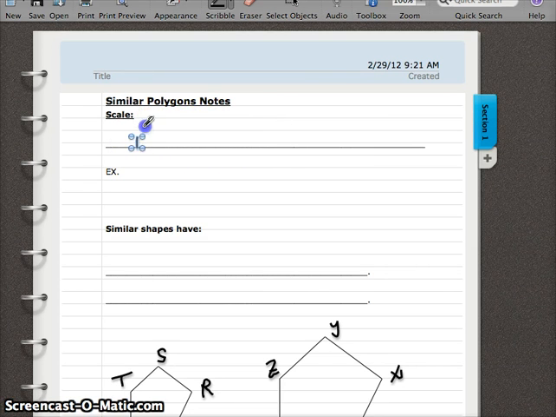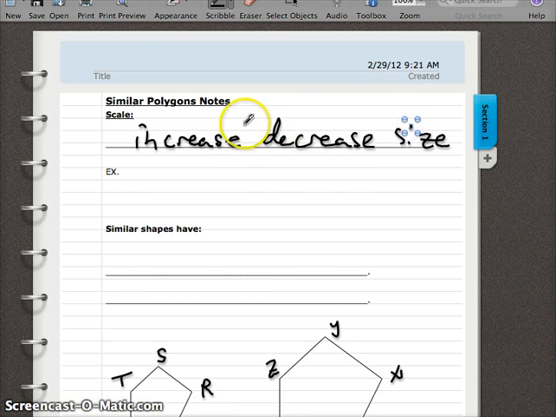So either we increase the size or decrease the size. And then when we talk about that comparison, like how much did it increase, how much did it decrease, then we're talking about a scale and essentially a scale factor, which we'll get to.